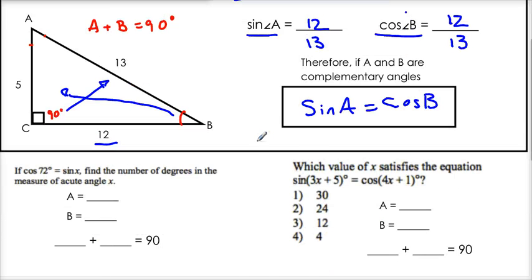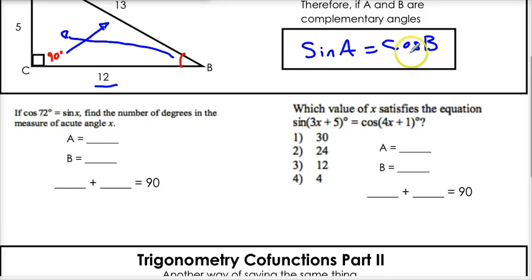All right? So let's apply this to some very easy questions. If cosine of 72 equals the sine of x, find the number of degrees in the measure of acute angle x. So what would make these two equal? You might remember they have to be complementary, so A plus B have to equal 90.